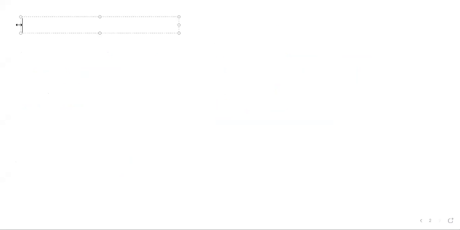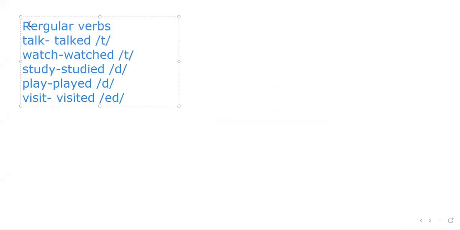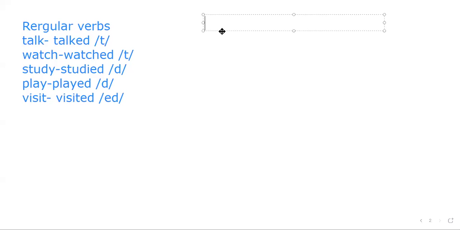Let's practice regular verbs. Okay, regular verbs. Now let's practice some irregular verbs. Remember that irregular verbs change a lot.